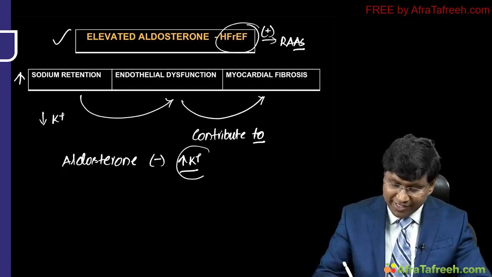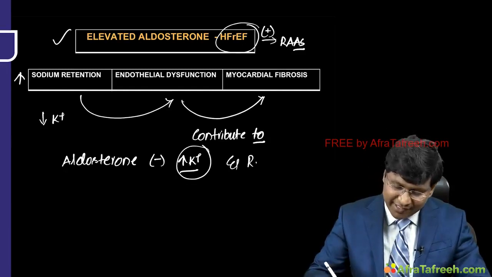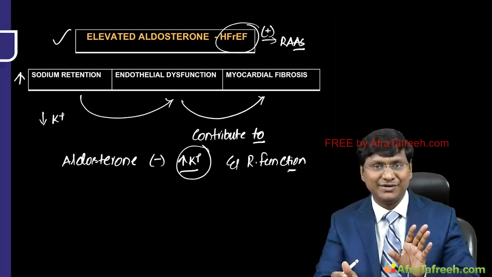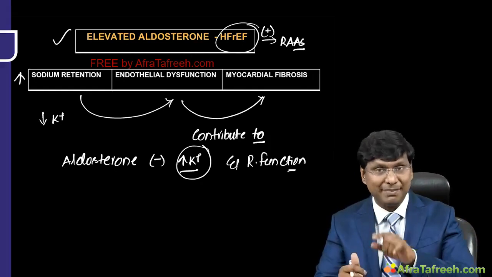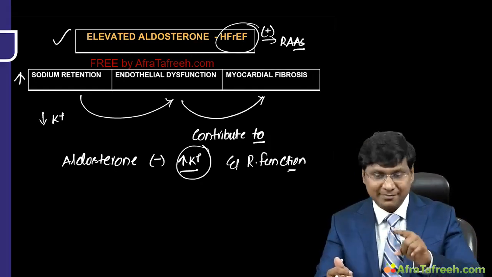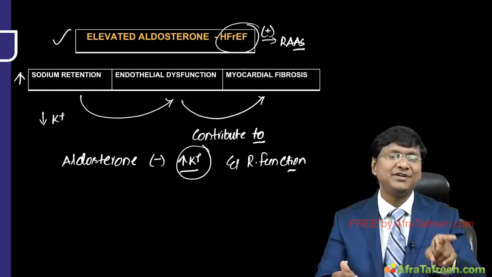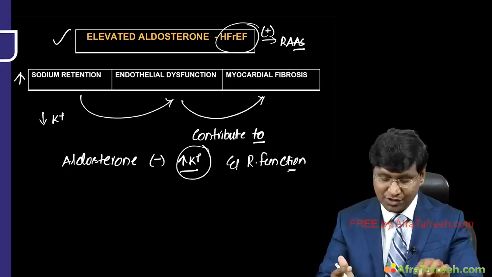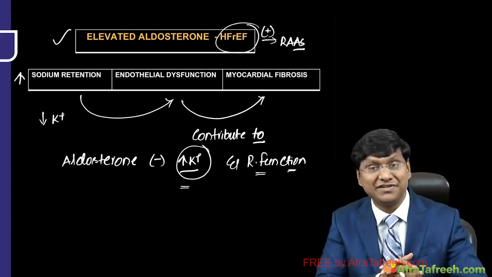So you need to monitor the potassium, and at the same time you also need to monitor the renal function. As such, aldosterone antagonists will not cause renal failure, but in case of renal failure, the potassium levels keep on increasing. And in a renal failure patient, if you are giving an aldosterone antagonist, hyperkalemia will be further precipitated. So you need to monitor the potassium, and you also need to monitor the renal function of the individual.